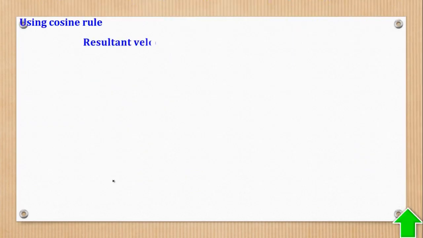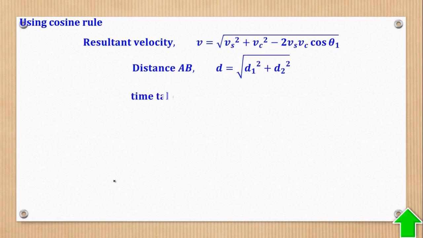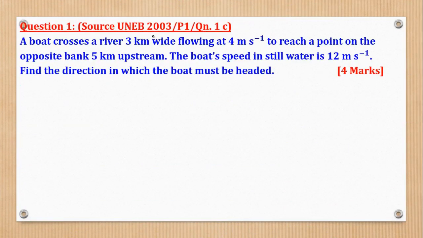Then also using cosine rule, I can get the resultant velocity because now it's no longer a right angle triangle. Then I can get the distance AB from Pythagoras theorem, and after that I'll get the time taken to cross the river.